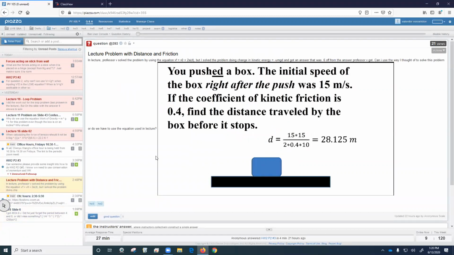Lecture problem with distance and friction. No, it should be squared. The equation has squares.